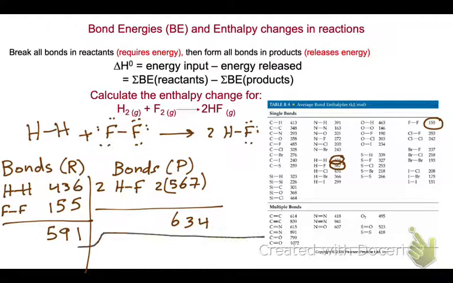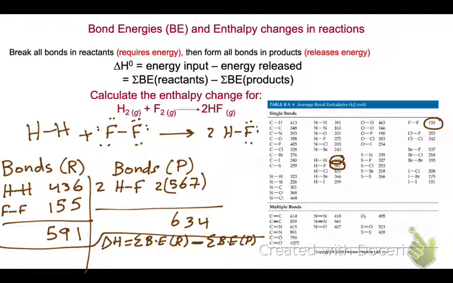Okay, now that I have this, I'm ready to calculate delta H. Delta H will be the sum of bond energy of the reactants, because I break the reactants, so I'm going to keep them positive, minus the sum of bond energy of products. I am making the products, so I put the negative sign in front of that.